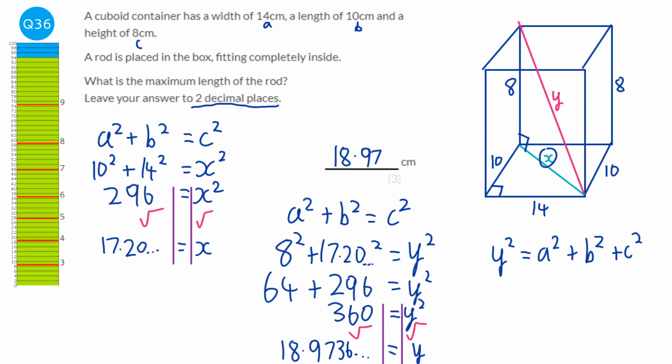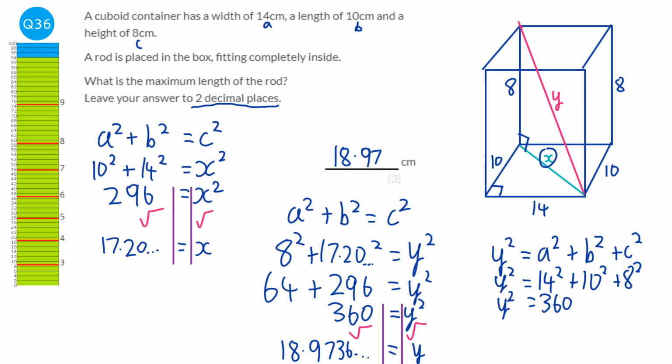It's basically the width squared plus the length squared plus the height squared. And so we would have had 14 squared plus 10 squared plus 8 squared. And when you've done that, you would have got 360. And this would be y squared equals.